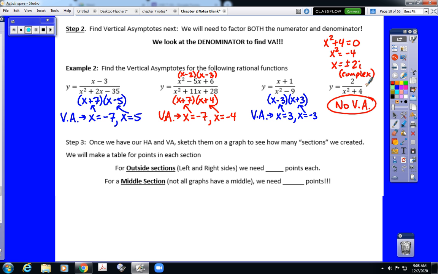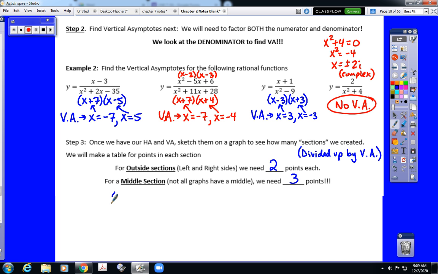Now once we have those asymptotes, we're going to see how many sections we've created, which is based on the vertical asymptotes. We'll talk more about this in the next video. But outside sections need to have 2 points graphed each, and middle sections need at least 3 points.